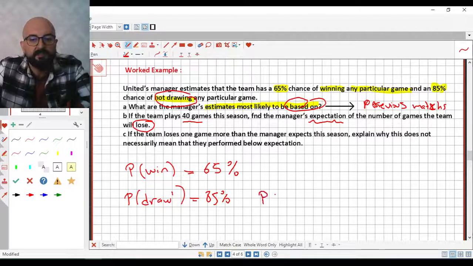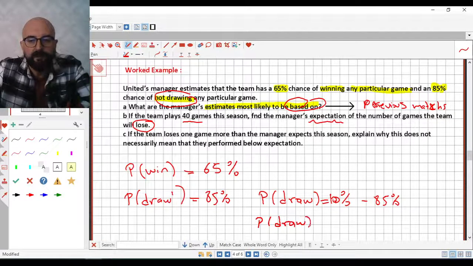So the probability of draw is 100% minus 85%, which means 15%.